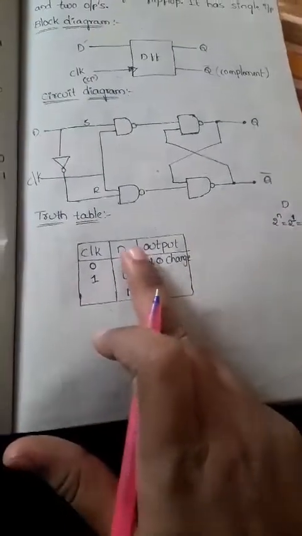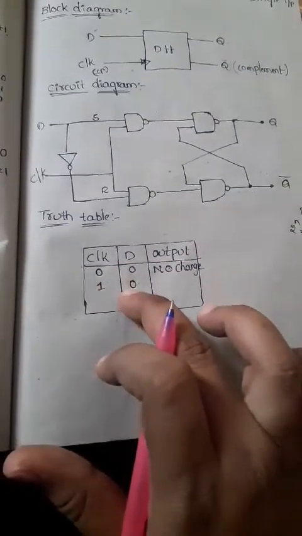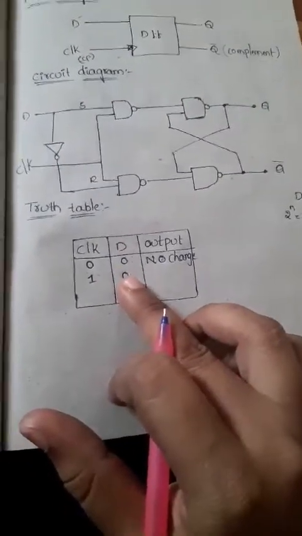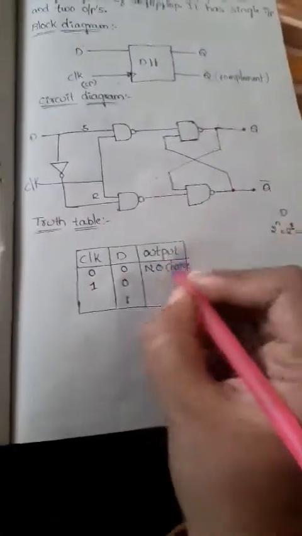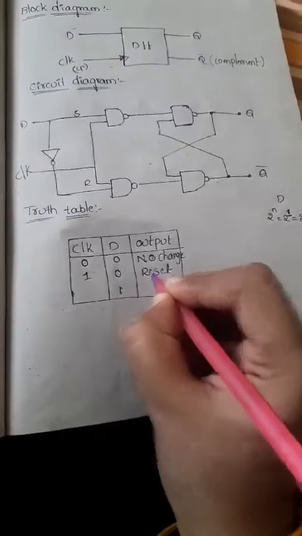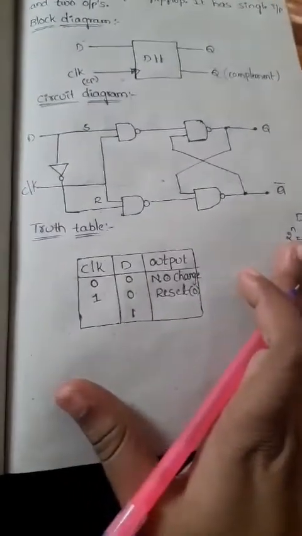So those two possibilities I can substitute in the input path. Now we'll see the first possibility, which is 0. Whenever the D input is 0, at that time the D flip-flop goes to the reset position. So then the output in the binary representation is 0.